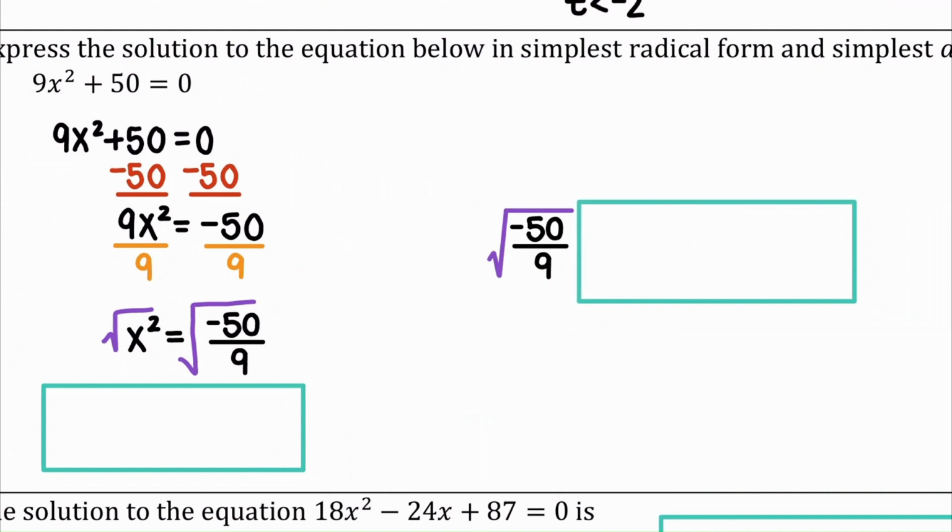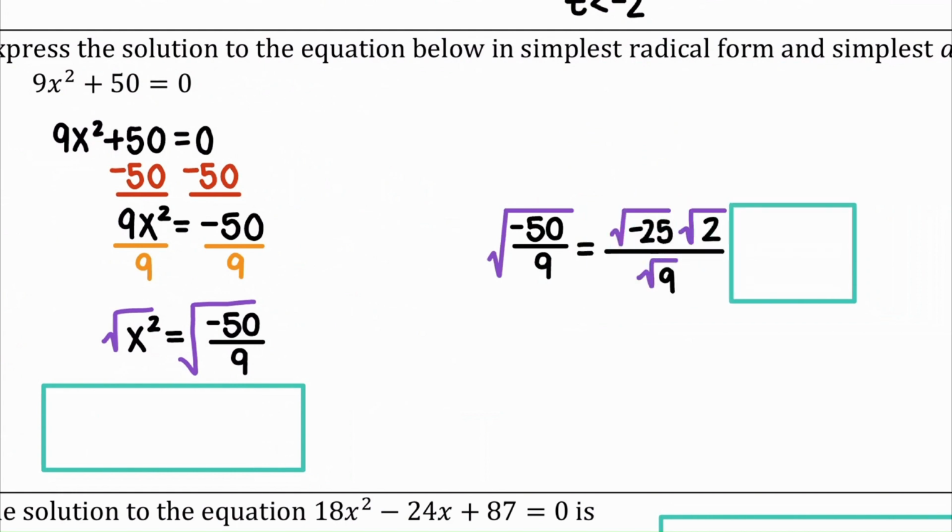We can take the square root of both the numerator and denominator respectively, taking the square root of negative 50 over the square root of 9. And then from there, we can break it down even more, giving us the square root of negative 25 times the square root of 2 all over the square root of 9. And so from here, the square root of negative 25, because we have this negative, translates into i, and then the square root of 25 is 5, so that gives us 5i radical 2, and then in the denominator, radical 9 is just 3.